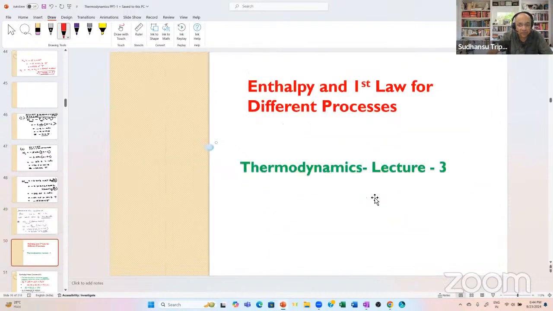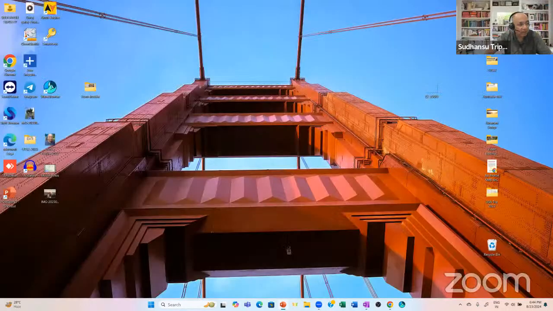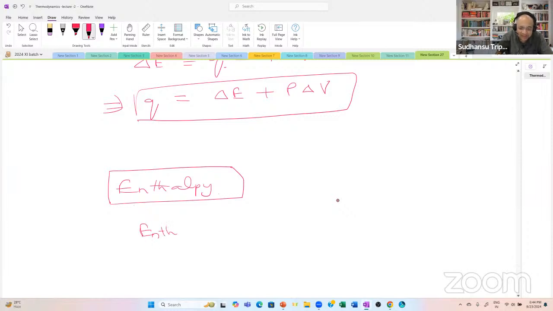Understood? Yes, sir. Now I will be introducing, very quickly, the enthalpy. It was introduced from enthalpy change. The scientists introduced a new parameter. I will tell you why and how.